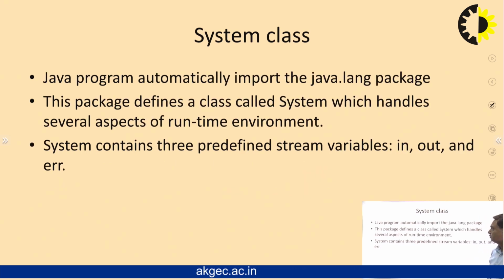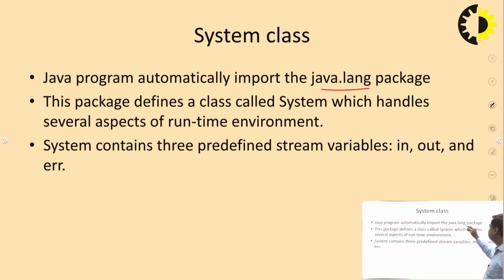The System class is important for handling input output. It is already imported because the java.lang package is imported automatically. It defines the class System. Remember, S is capital here.